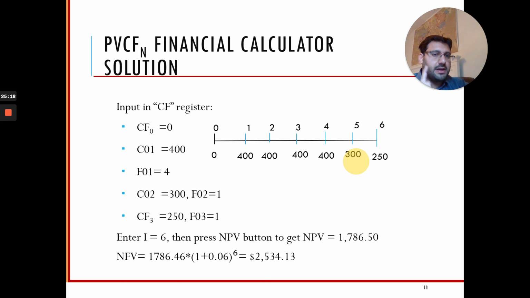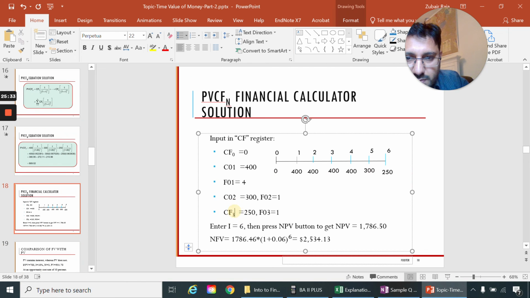If it had appeared 2 times, you would press the frequency as 2, right? Then the third unique cash flow is 250. It is not CF3, it is C03, right? So let's change it very quickly over here. C03, this is 250.